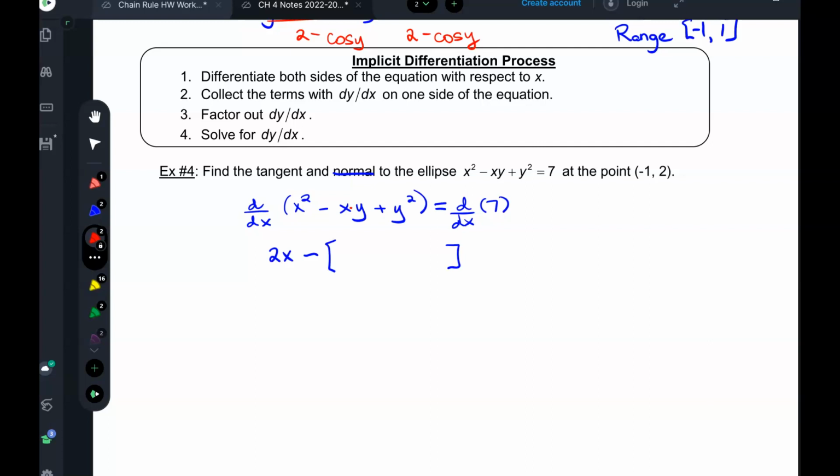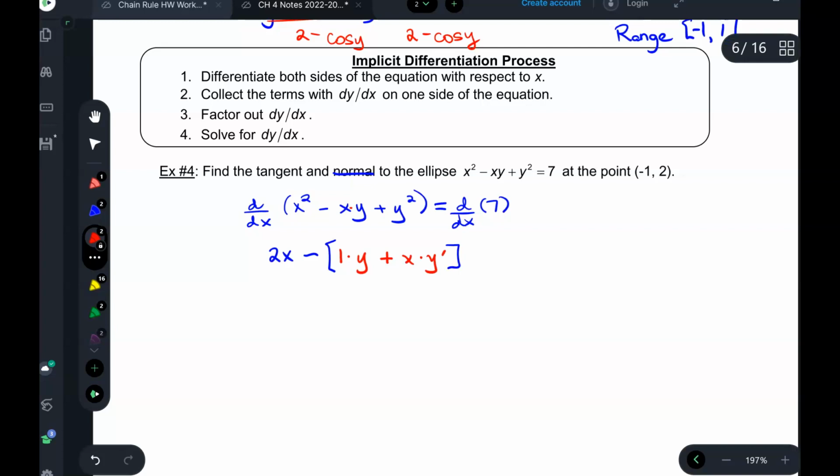It would be 1 times y. So it's u prime times v. Our v is just y. Plus x times y prime. Good. Right?